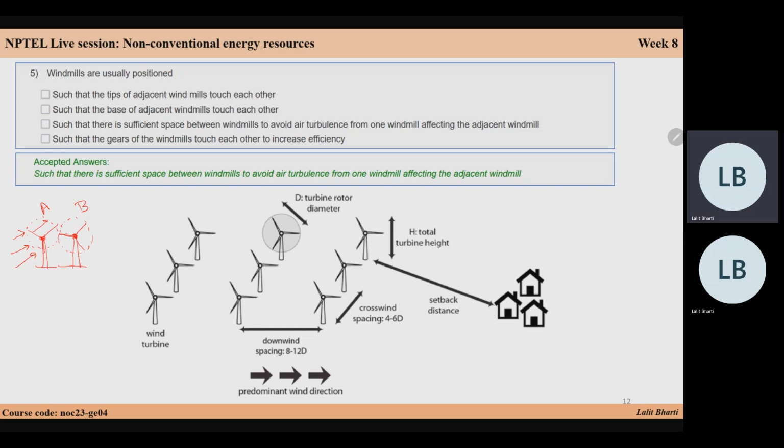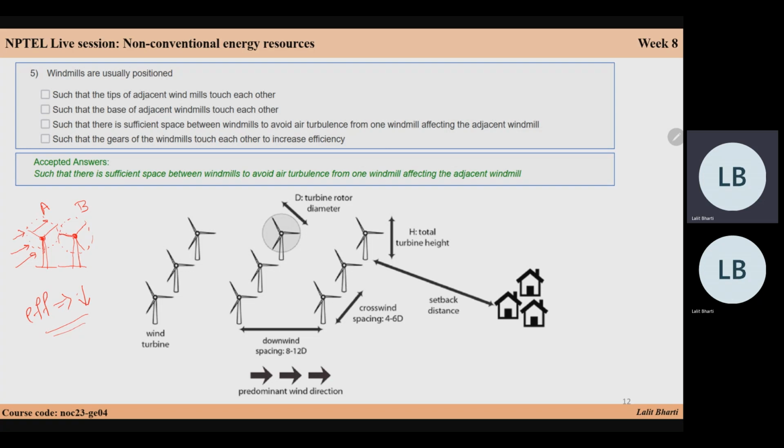So the overall efficiency will go very down. So we need to have some sufficient gap between two windmills. This gap is shown in this diagram.